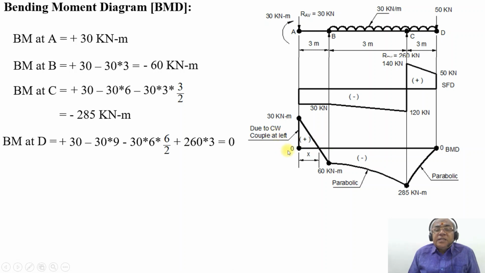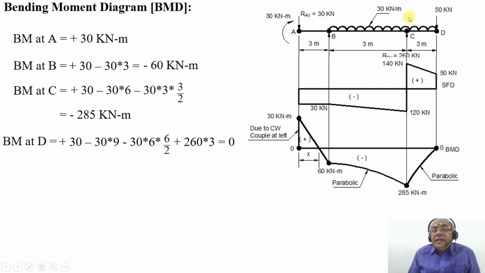The bending moment at the point A is due to the couple effect. It has a positive value, which is in the clockwise direction. Then the bending moment at the point B is changing from positive to negative at this point. From point B, it further drops down to minus 285 kilonewton meter at the point C, due to the parabolic effect.